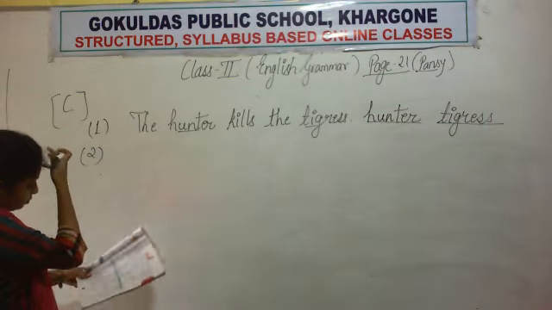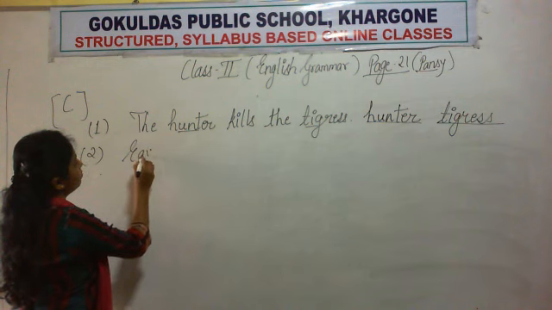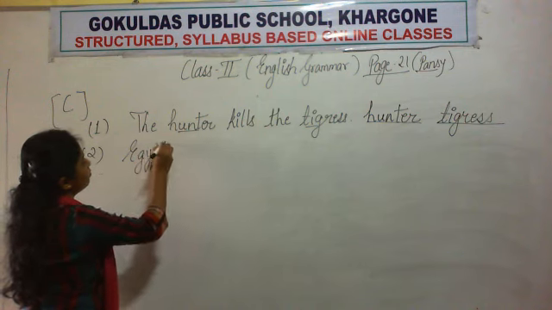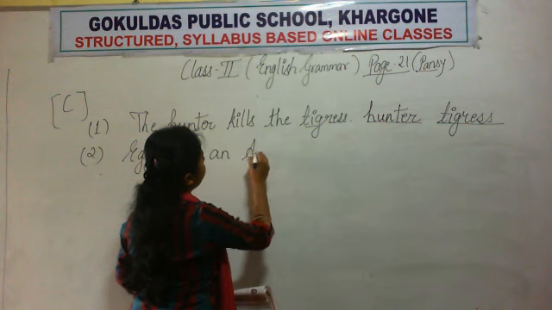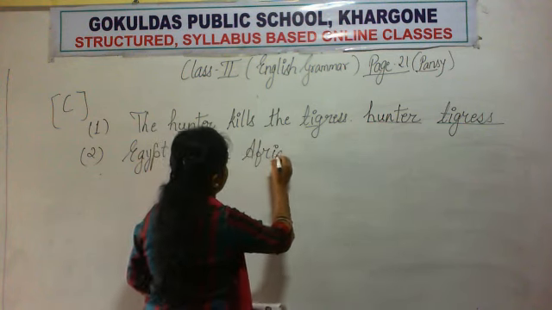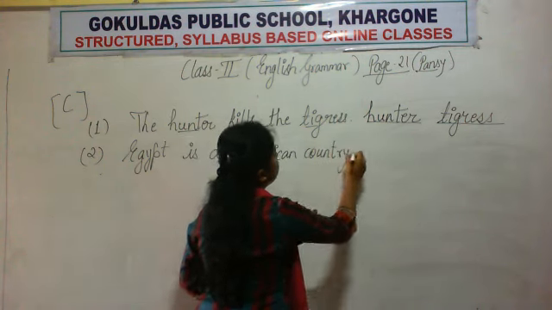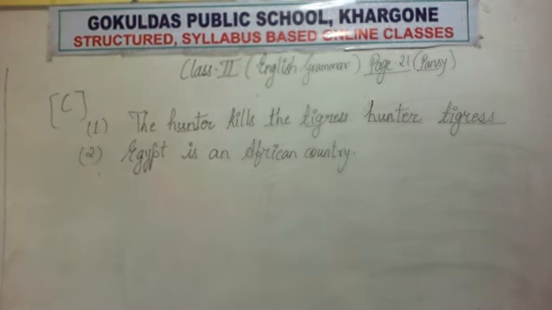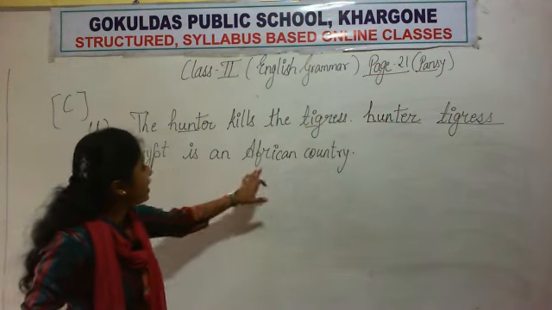So number 2, Egypt is an African country.